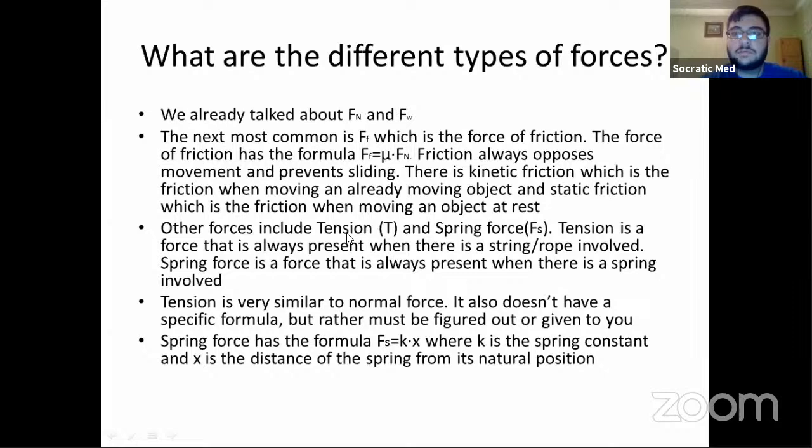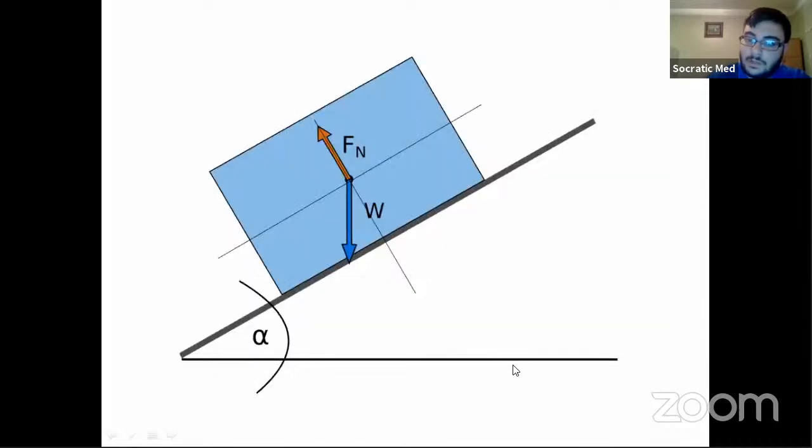It's always more difficult to move something that's at rest than it is to move something that's already moving. Why is that? That's because the static friction is much higher than the kinetic friction. So the force that's opposing you when you're trying to move something is higher when the object you're moving isn't already moving.